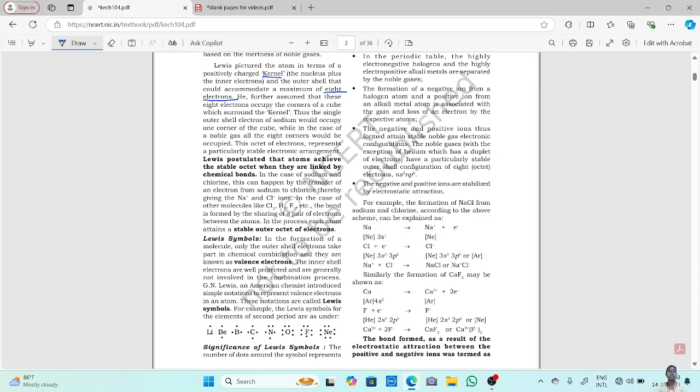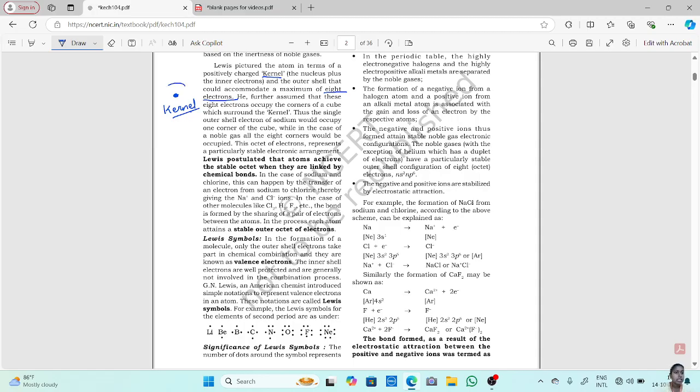He considered the center part, that is the nucleus. He called this the kernel, and this kernel consists of the nucleus, meaning your protons and neutrons, plus some inner electrons. Inner electrons means the ones which are close to the nucleus. Together they are called the kernel, and then an outer shell.